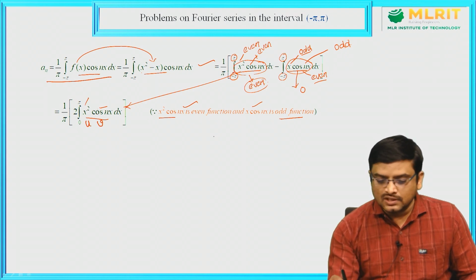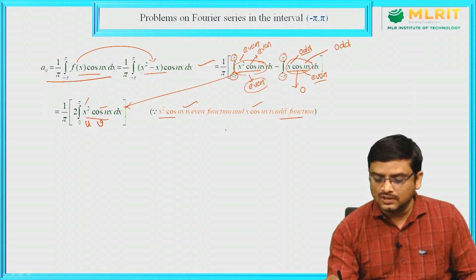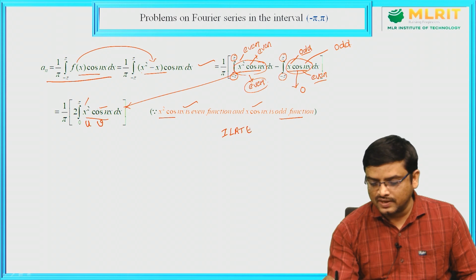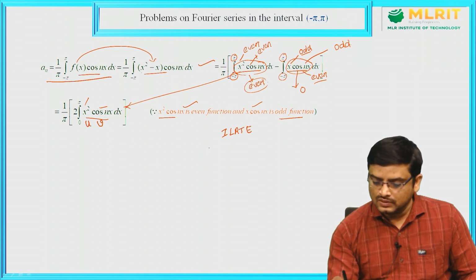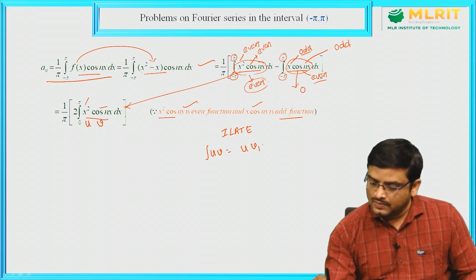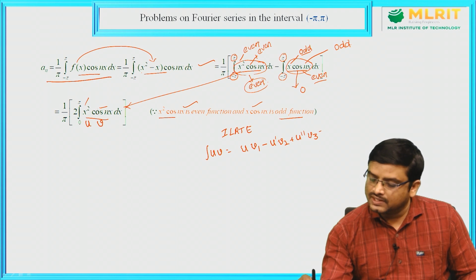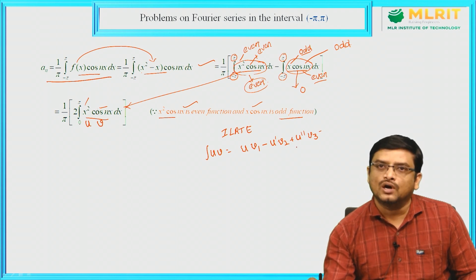Yesterday, in the previous video, we saw how to identify u and v using the word highlight, and also the standard formula for the integral of uv. So the integral of uv can be written as u into v1 minus u dash, the derivative of u, into v2, plus u double dash into v3, and we repeat this until we get the derivative of u as a constant.